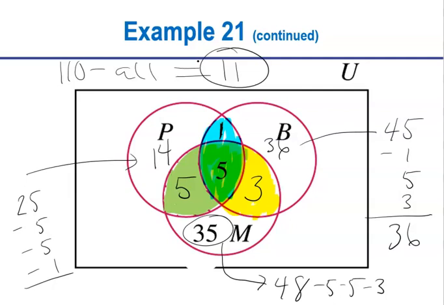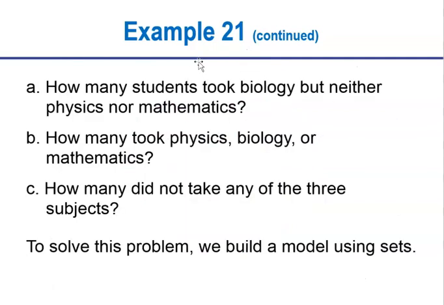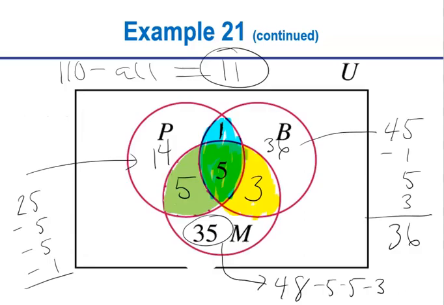So let's go back to the questions. How many students took biology but neither physics nor mathematics? Okay, so look, 36 students took biology but not physics because that's in the physics circle, and not mathematics because that's in the mathematics circle.